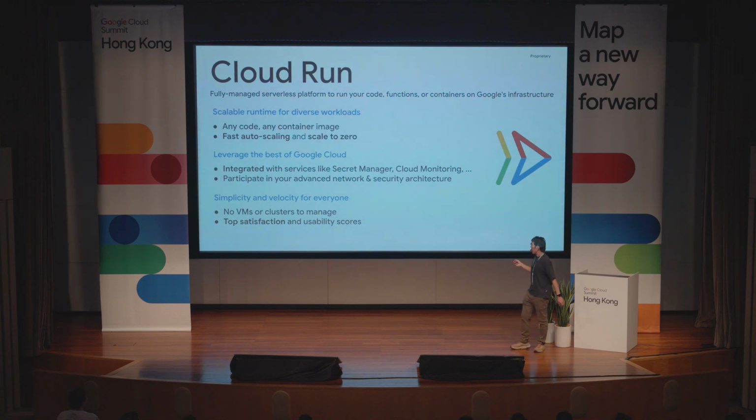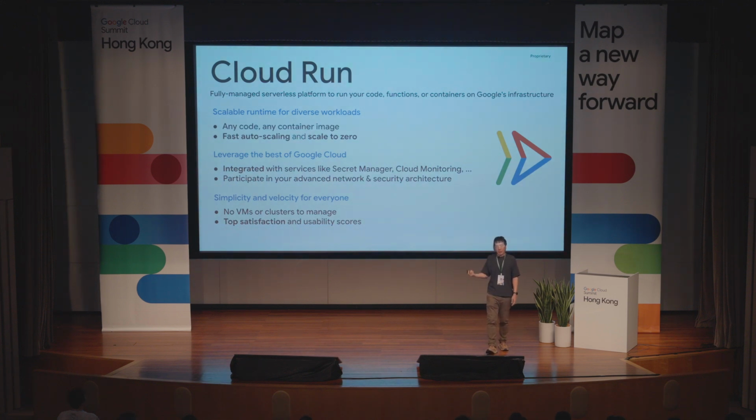Okay. If you don't know what Cloud Run is, it's a fully managed serverless platform where you can bring your code, your functions, your containers, and run them on Google infrastructure. It has really fast auto-scaling, and it can scale from 0 to whatever you need, and back to 0.